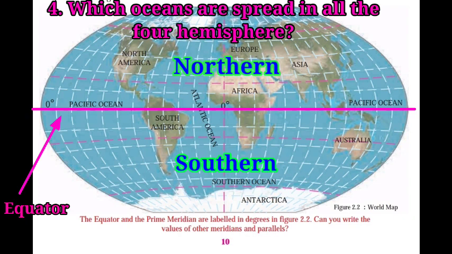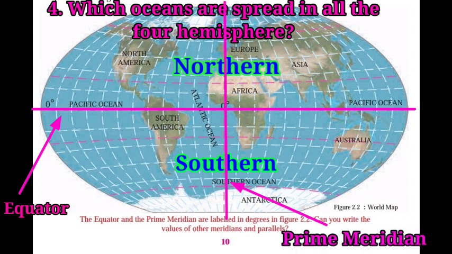You can also see the 0 degree meridian, it is the prime meridian, and the eastern side of the prime meridian is the eastern hemisphere and the western side is the western hemisphere. So these are the 4 hemispheres: east, west, north and south. Our question is, which oceans are spread in all 4 hemispheres?